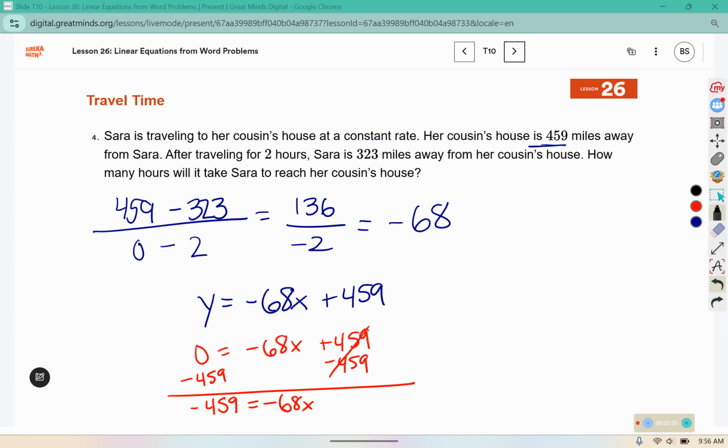Then we'll divide both sides by negative 68. And that will leave us with 6.75. And so it will take her 6 3/4 of an hour to travel to her cousin's house.